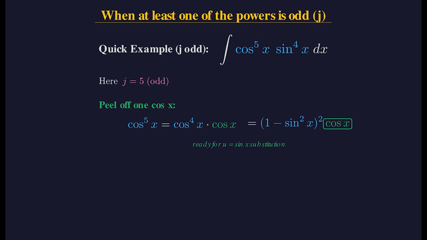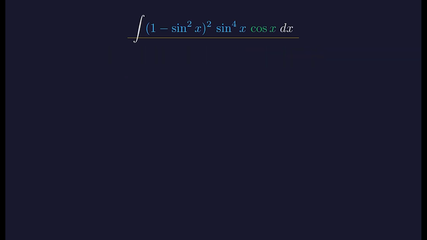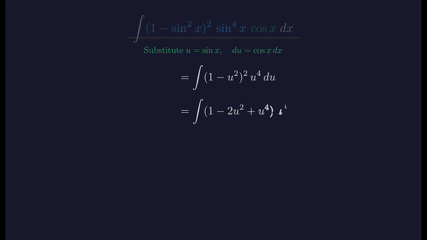As a result, if we substitute u equals sine x and du is equal to cosine x dx, we get the integral of 1 minus u squared, squared, times u to the power 4 du, which expands to 1 minus 2u squared plus u to the power 4, times u to the power 4 du.